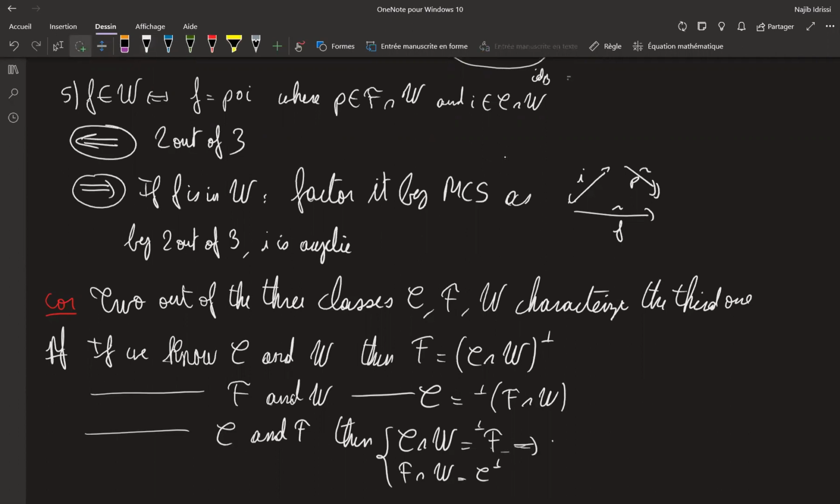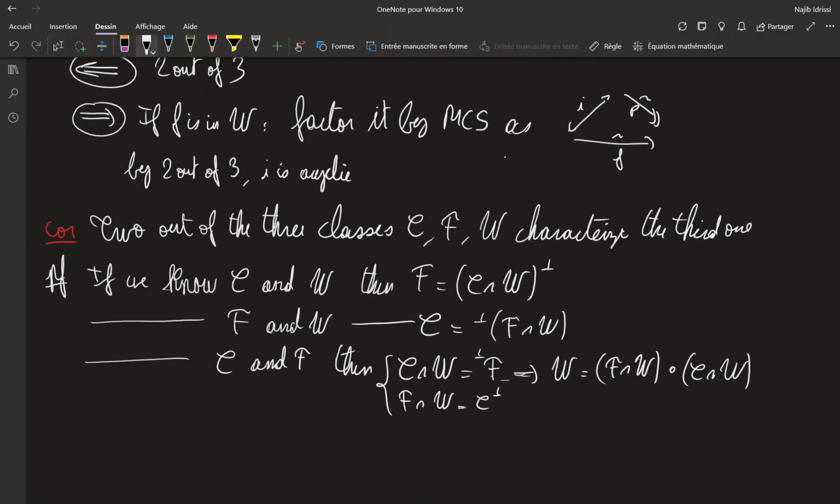And therefore, W is the set of maps which can be written as the composition of an acyclic cofibration followed by an acyclic fibration. All right? So if you know 2 out of these 3, then the third one is automatically forced.